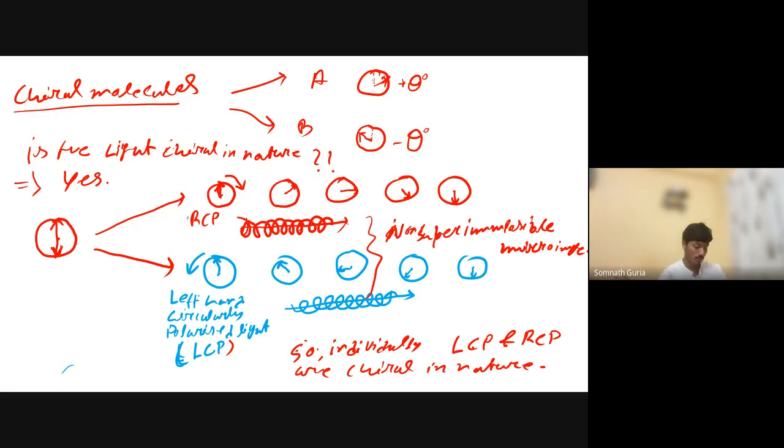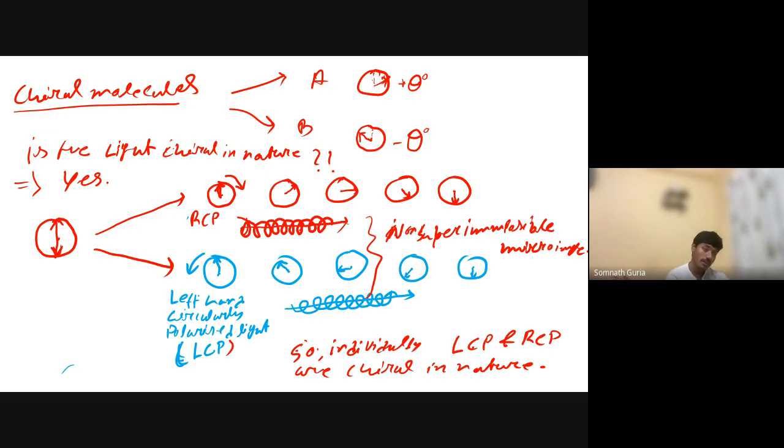So if my LCP and RCP are chiral in nature, that means we are providing some chiral environment. My plane polarized light is divided into a combination of LCP and RCP, and the light propagation is one right-handedly and another left-handedly helical structure.